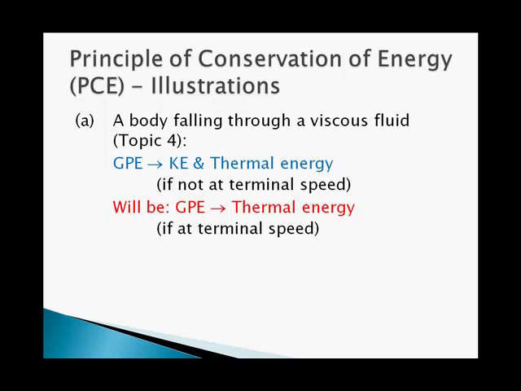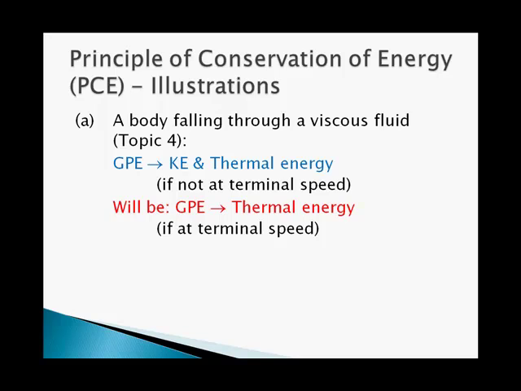Teacher, at terminal speed, why is the GPE converted to only thermal energy? What happened to the kinetic energy since the object is still moving? That is a good question. Since the body is falling at constant speed, there is no further gain in KE. So all the GPE loss at that moment is converted to thermal energy only. Oh, okay, I understand now.